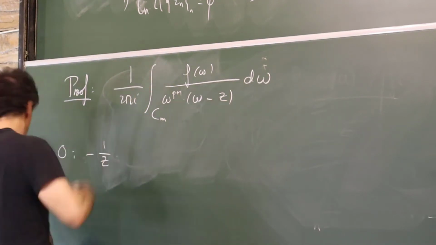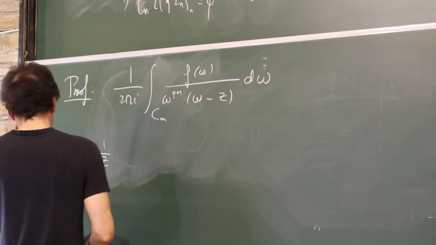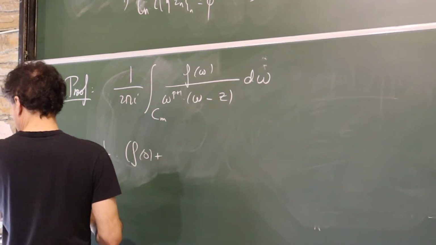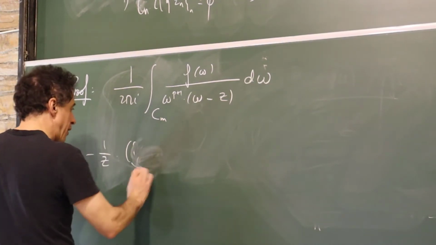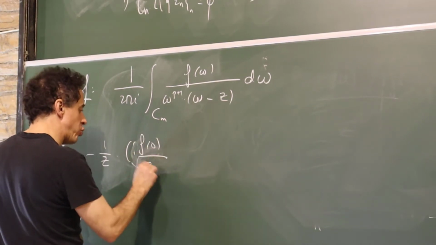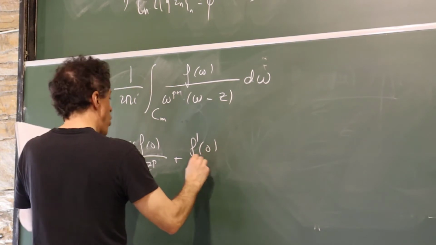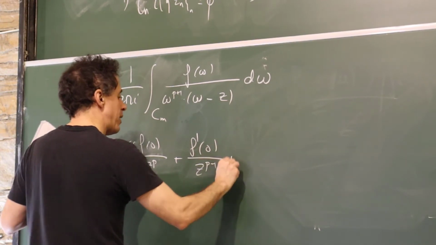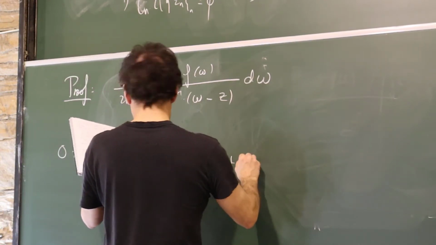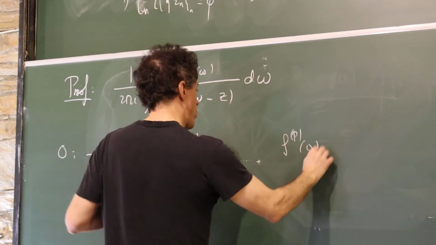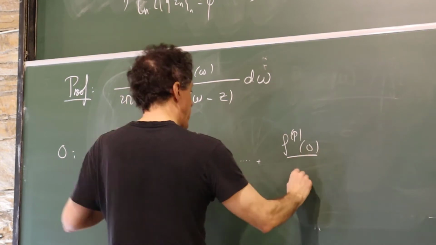You have to compute many terms, but finally you obtain that the residue is this one: f(0) over z to the p plus f prime (0) over z to the p minus 1 plus etc. plus f^(p)(0) over p factorial.